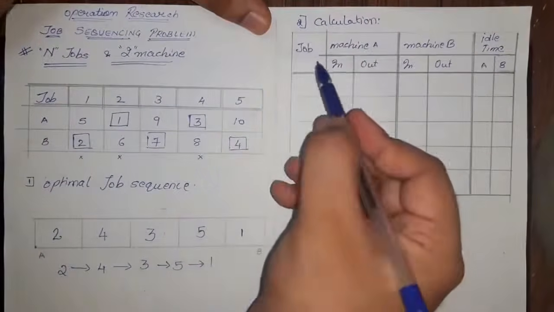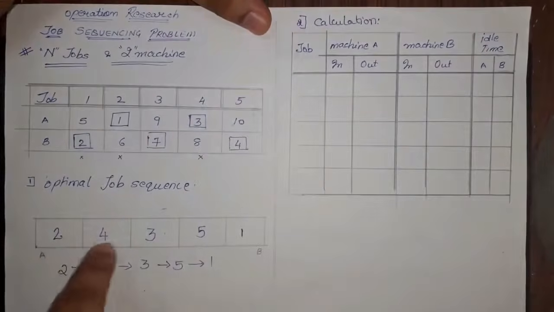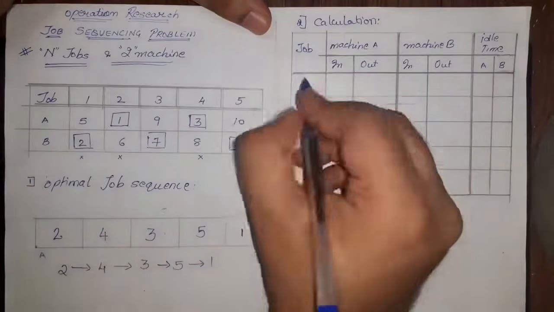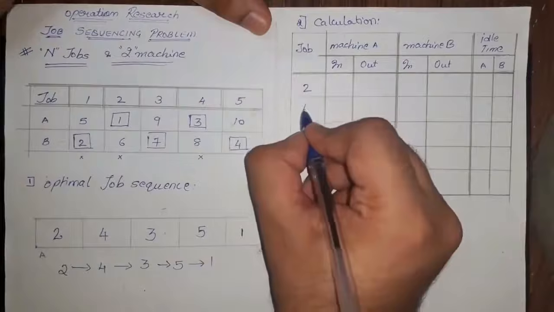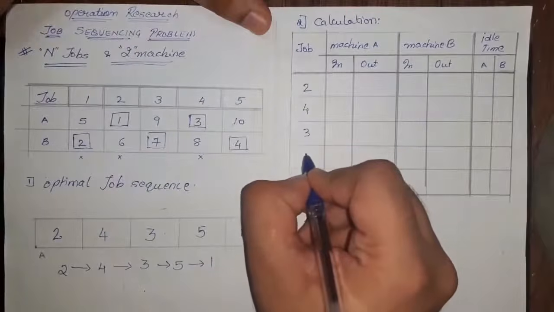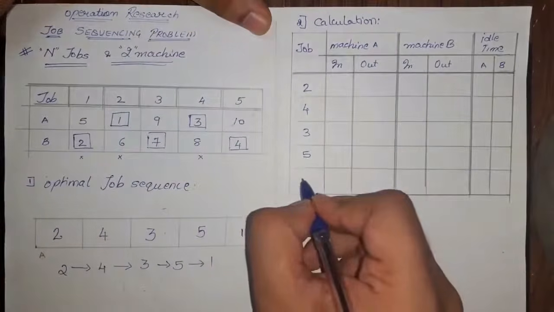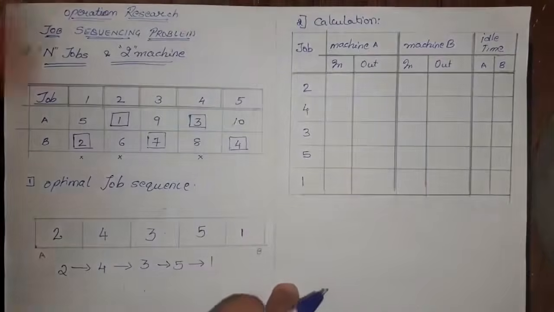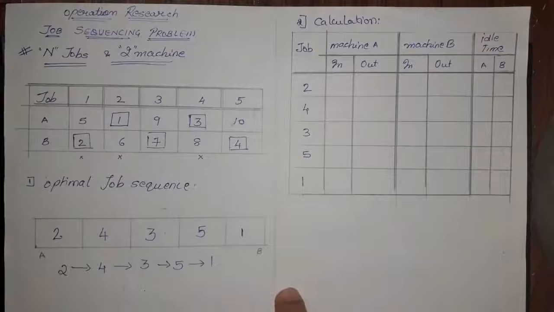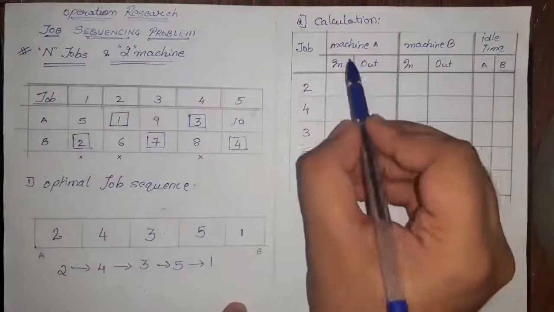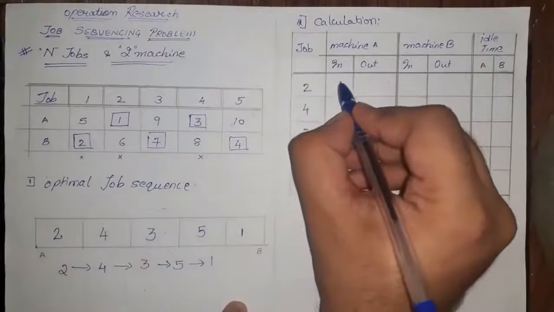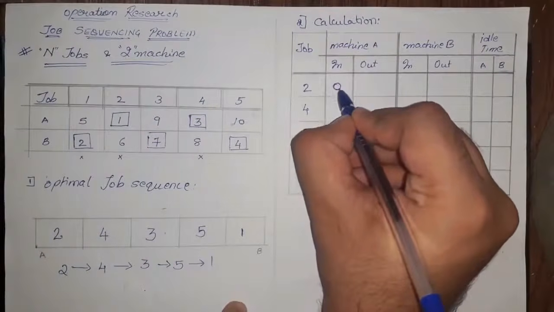Under job, we'll note down the optimal job sequence that we have got: job number 2, 4, 3, 5 and 1. Now let us see how to solve this. Always remember that for the first machine, the first in time will always be 0, meaning you start your work from 0 hours.